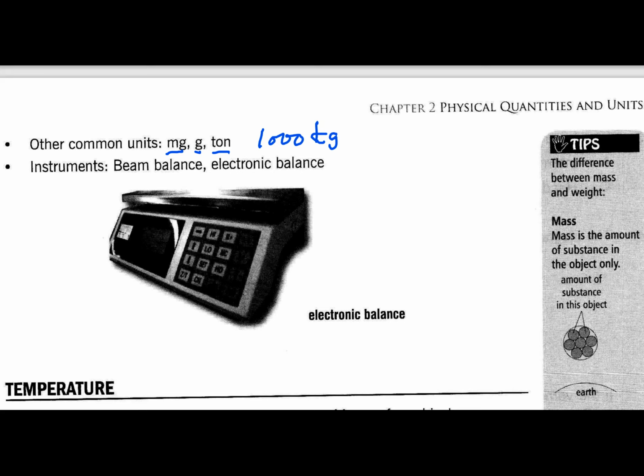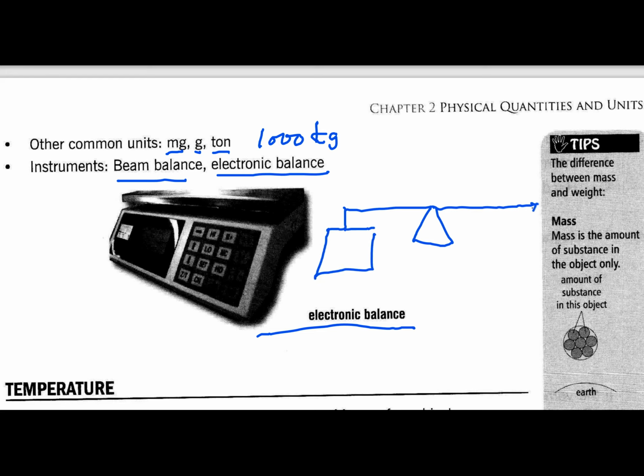Instruments to measure masses are the beam balance and the electronic balance. So this is an example of the electronic balance. What is a beam balance? A beam balance is basically a scale. A scale will balance when you put equal masses on each side.